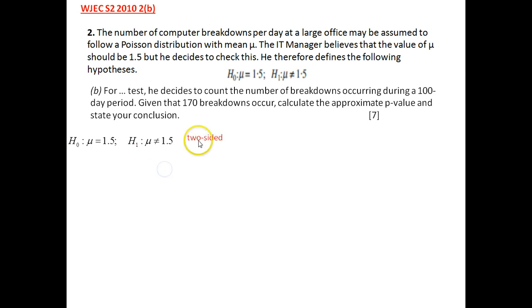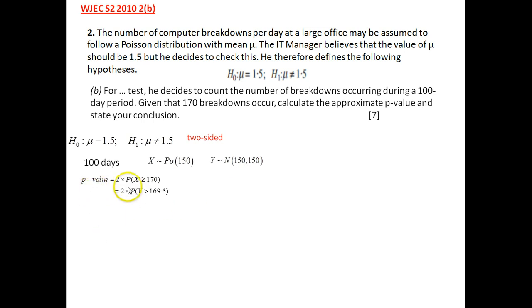So therefore, it's two-sided, mu equal to 1.5 against mu not equal to 1.5. In 100 days, our Poisson mean has increased to 150. So now we go to normal approximation, where our mean and our variance is 150.